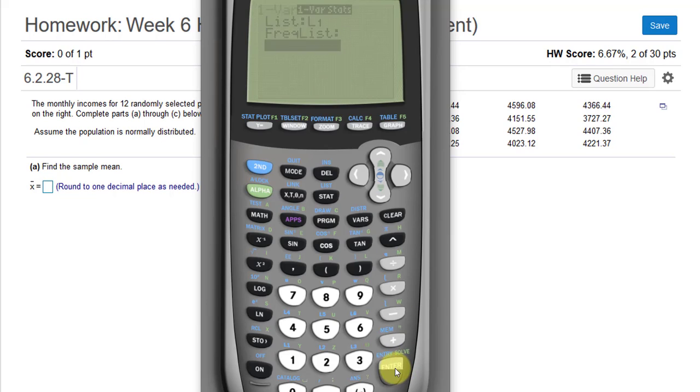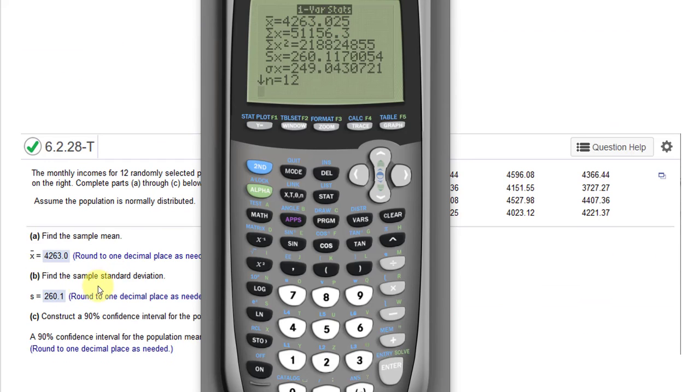Hit Enter, Enter, Enter, and then my mean value X bar is 4263.0 if you round to one decimal place, and that is the value right here. Now the sample standard deviation is also listed here. Sample standard deviation 260.1, which is right here. So the graphing calculator can help you to find the sample mean and the sample standard deviation right away.